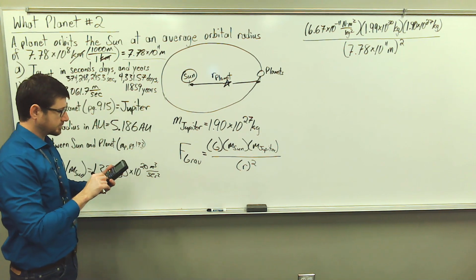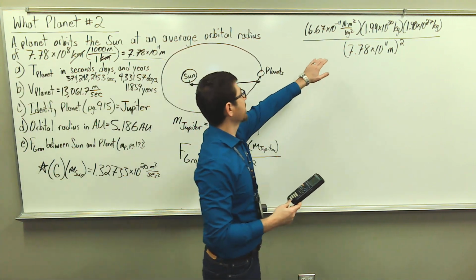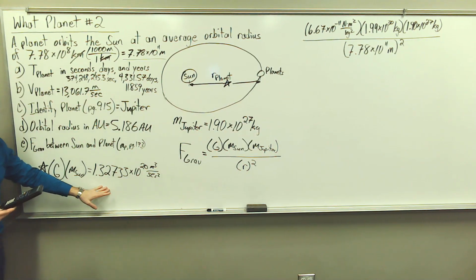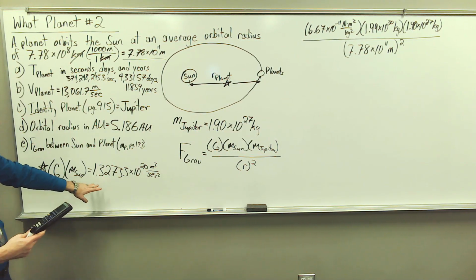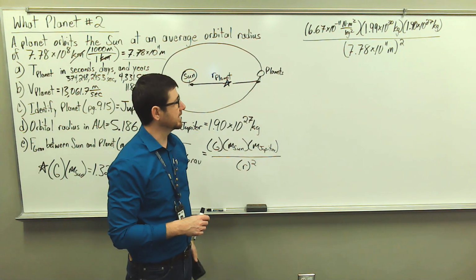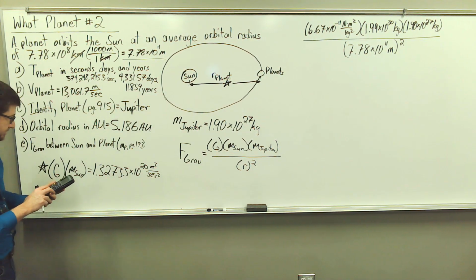So, we already know the product of the universal gravitational constant and the mass of the Sun. We made a note of that earlier in the problem. So let's punch that into our calculator and multiply it by the mass of Jupiter.